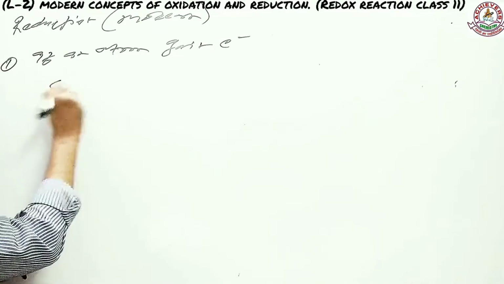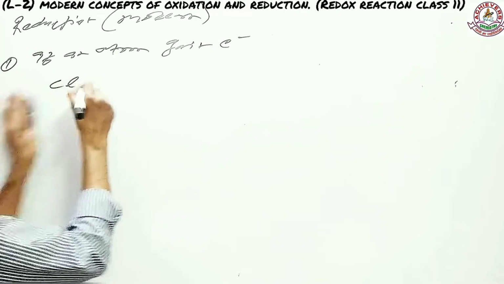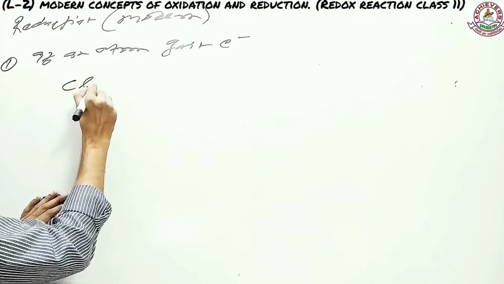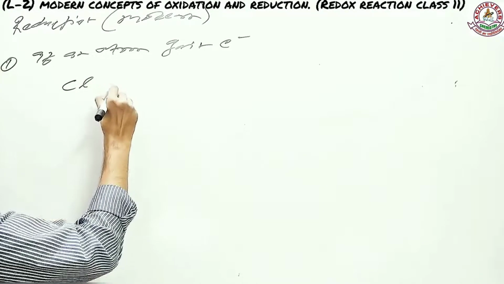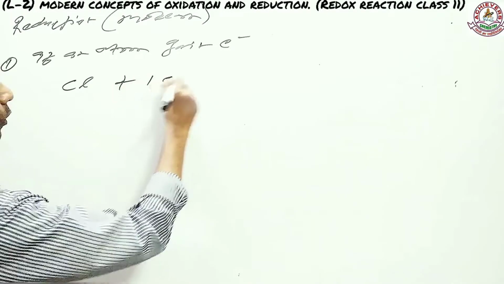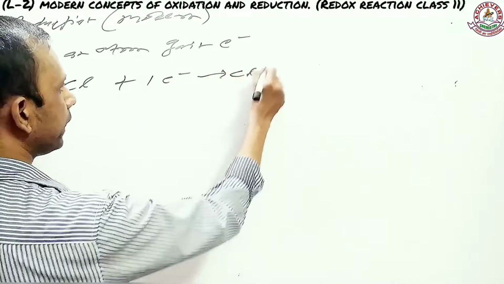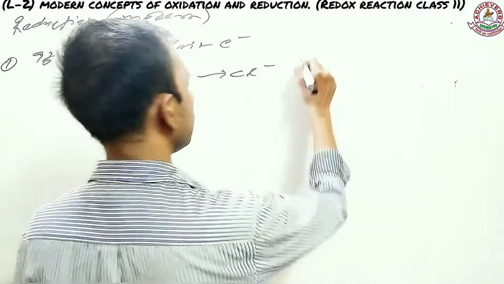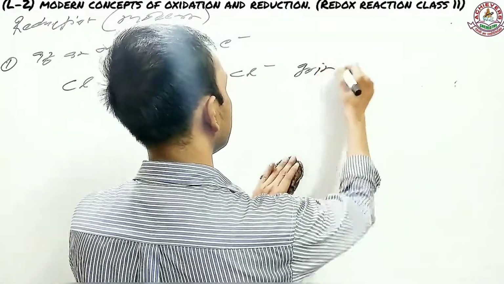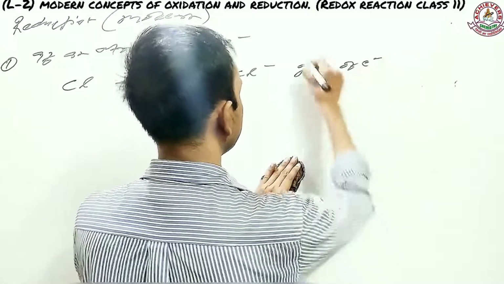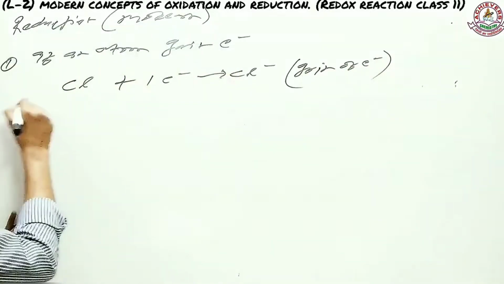Like you do know, chlorine molecule, or let's take atom. So chlorine can take up 1 electron to become chloride ion. So what we see here, gain of electron.